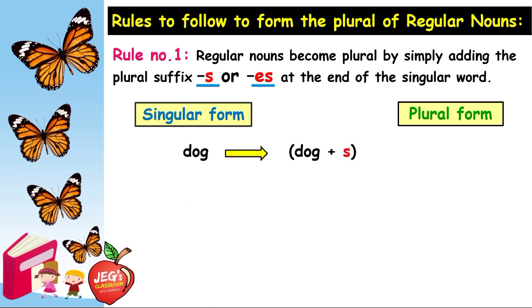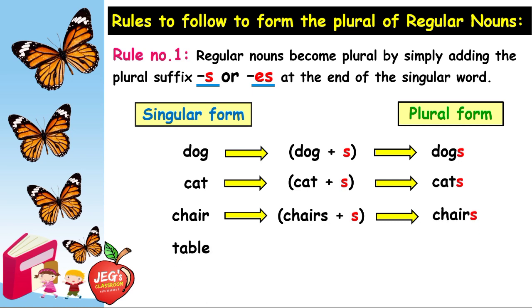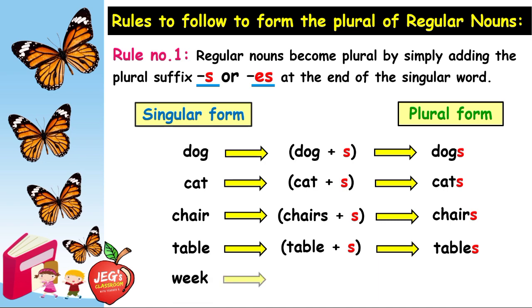Dog plus s becomes dogs. Cat plus s becomes cats. Chair plus s becomes chairs. Table plus s becomes tables.